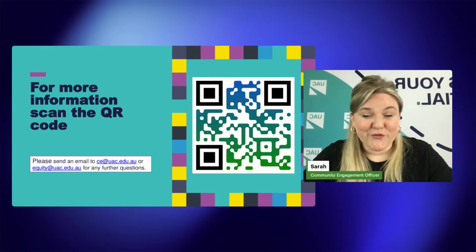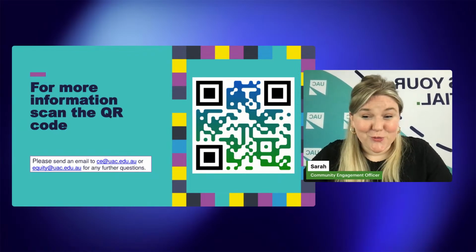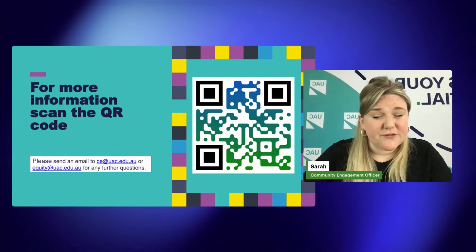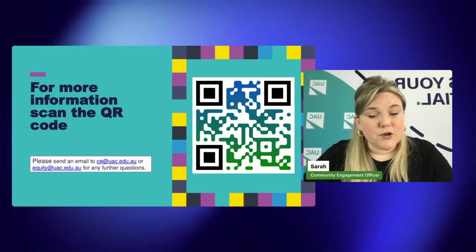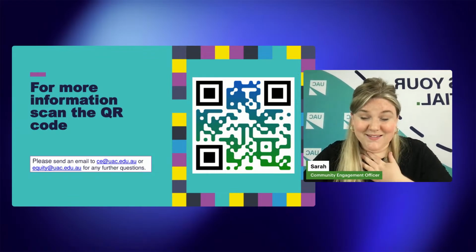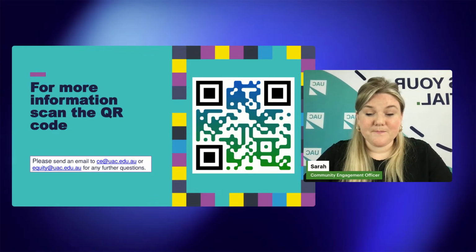So for more information, if you scan this QR code on the screen, that will take you to the EAS section on our website. That has all of the information that you could want, okay? Or if you have a really specific question or a question that you really want a little bit more help with, there's 2 email addresses on the screen there. ce@uac.edu.au will come to me and the lovely team I work with, and we'll be able to get back to you with some information.